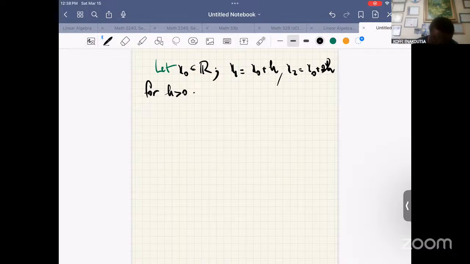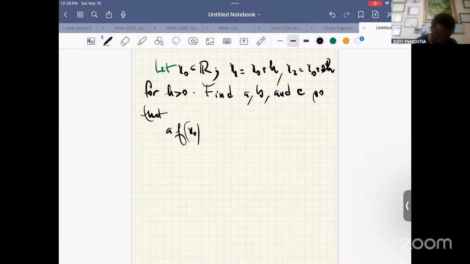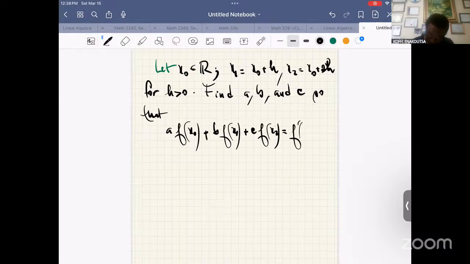So find the parameters A, B, C, so that A f at x0 plus B f at x1 plus C f at x2 is f prime at x0 plus big O of h squared.